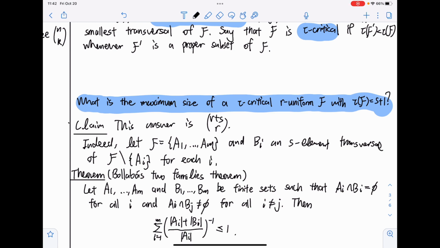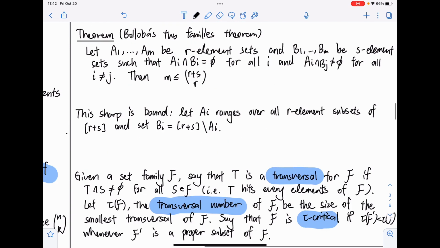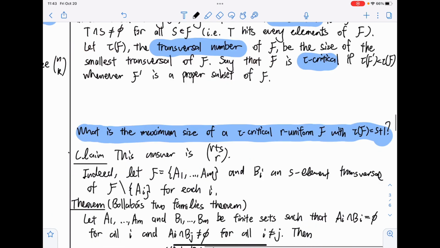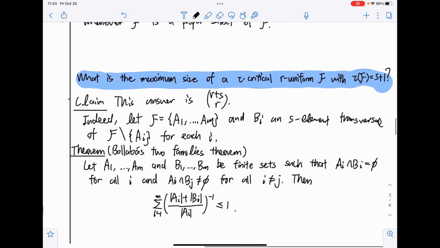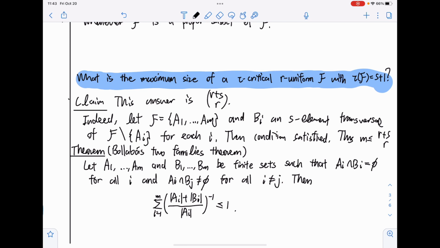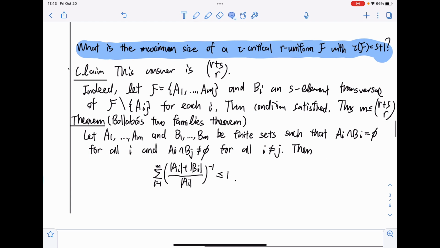It satisfies our hypothesis introduced here, and then the condition is satisfied. Thus M is less than or equal to R plus S choose R.